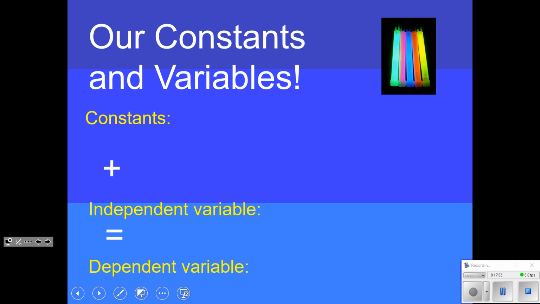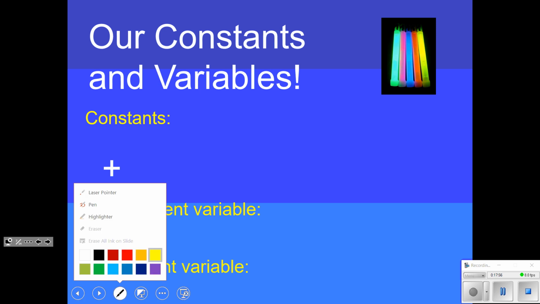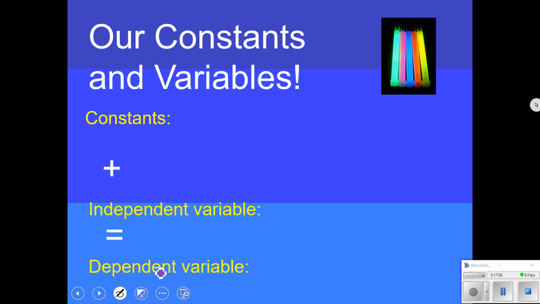So if we're looking here scientifically at constants and variables, we have our constants. We have the fact that we have the same beaker in both our setups.